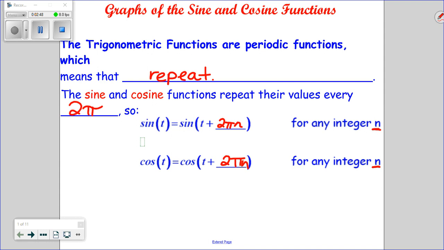So 2 pi n just represents your terminal side rotating around that unit circle repeatedly. Sometimes you'll see it written as 2 pi n, and sometimes as 2n pi. I'm kind of used to it like this, but it's the same thing because you're multiplying.